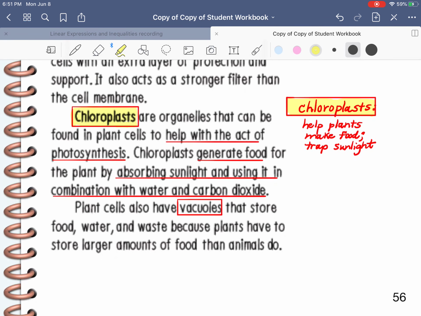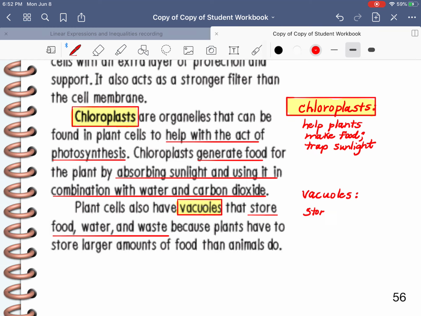Alright, plant cells also have vacuoles that store food, water, and waste because plants have to store larger amounts of food than animals do. Animals roam around and get what they want, but plants can't do that. So plants have very large vacuoles. Those are the storage containers.